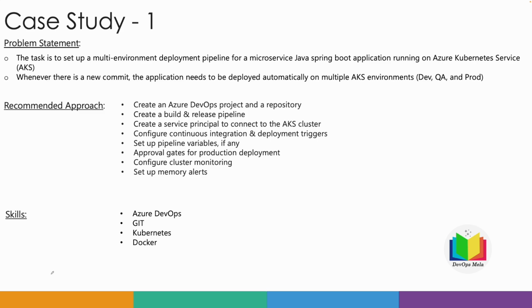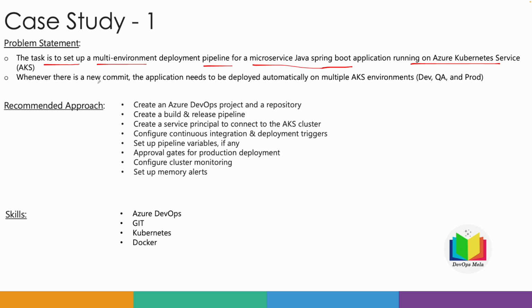The first case study which I have come across, the problem statement was: the task is to set up a multi-environment deployment pipeline. This was for a microservice Java application, a Java Spring Boot application to be very specific, running on Azure Kubernetes Service. So they wanted us to set up a multi-environment deployment pipeline on AKS.